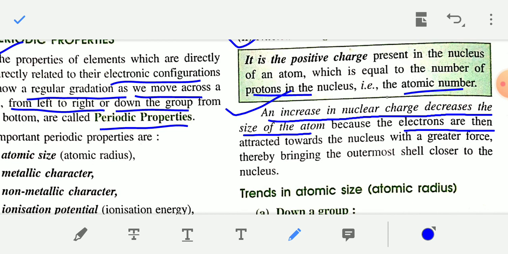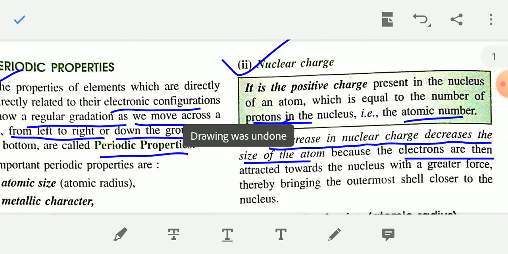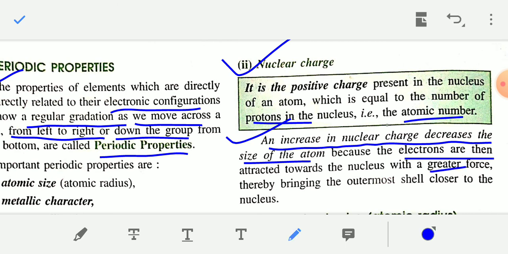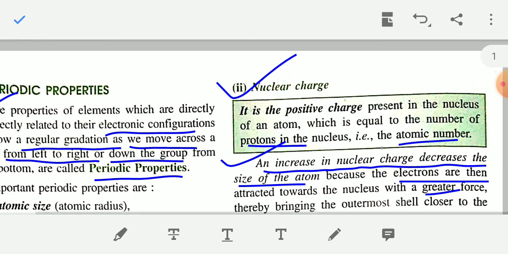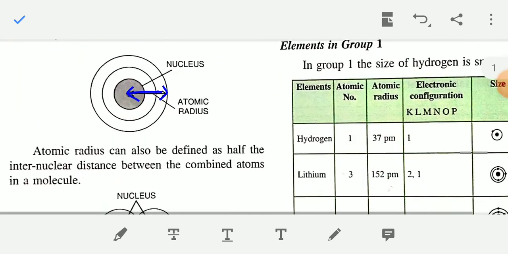An increase in the number of protons means the electrons in the outermost shell are attracted toward the nucleus with a greater force, thereby bringing the outermost shell closer to the nucleus. So an increase in nuclear charge decreases the size of the atom, and an increasing number of shells increases the size of the atom.